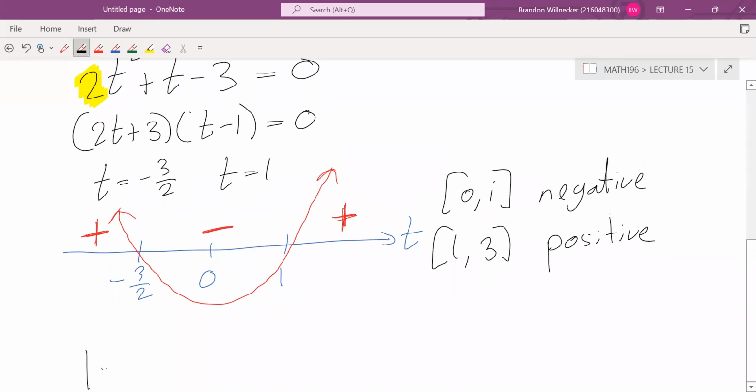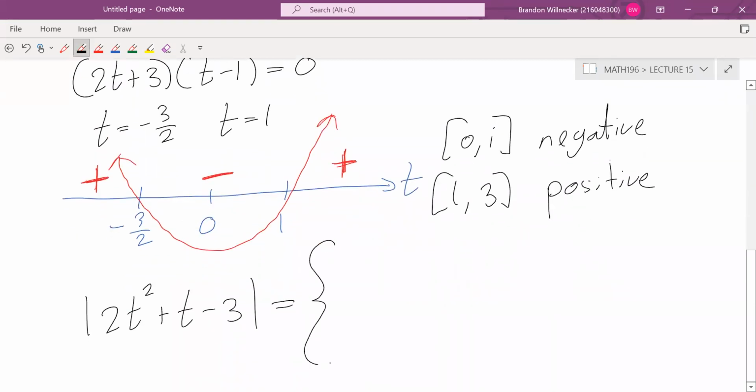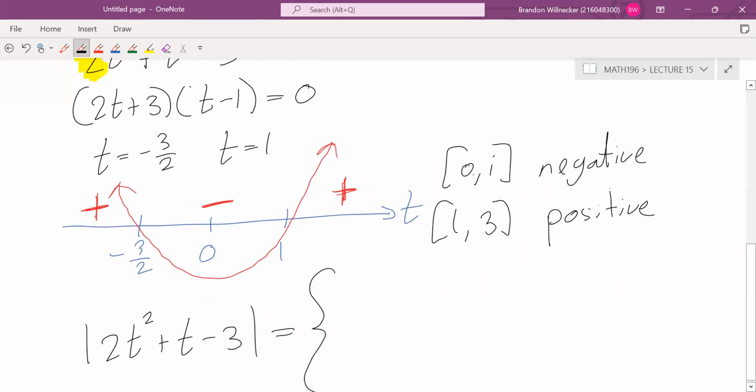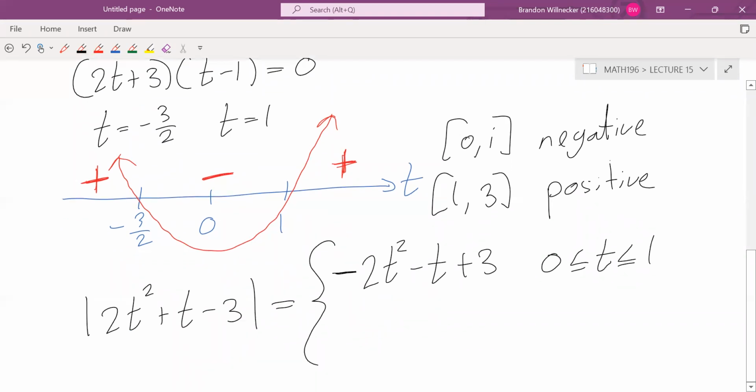So the absolute value of 2t squared plus t minus 3 is equal to, in the first sub-interval from 0 to 1, it's negative. So we need to put a minus sign. So it's going to be minus 2t squared minus t plus 3 for 0 less than or equal to t less than or equal to 1. And between 1 and 3, it's positive, so we can just leave it. So 2t squared plus t minus 3 from 1 to 3.